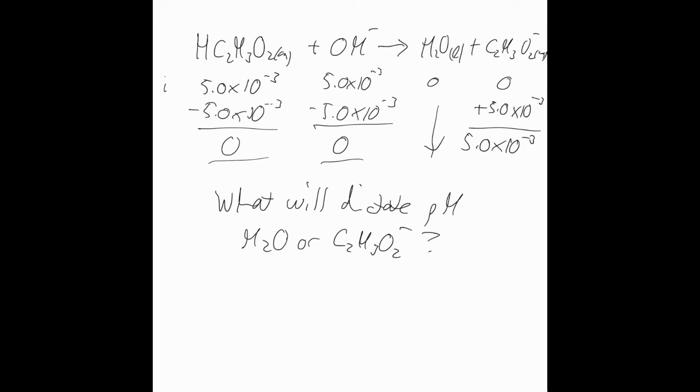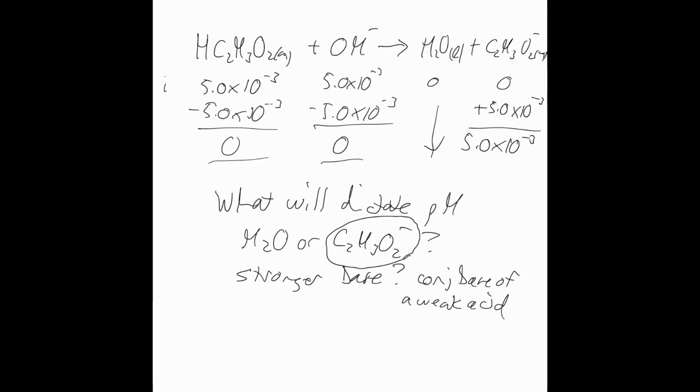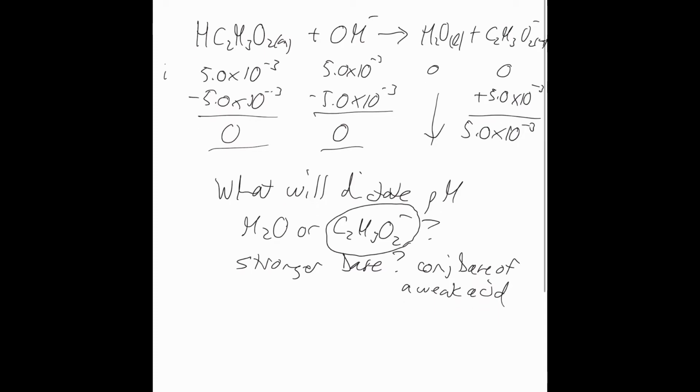In other words, which one's going to be the stronger base? And it turns out that it's acetate, because that is the conjugate base of a weak acid. So we're left with 5 times 10 to the minus 3 moles of acetate.